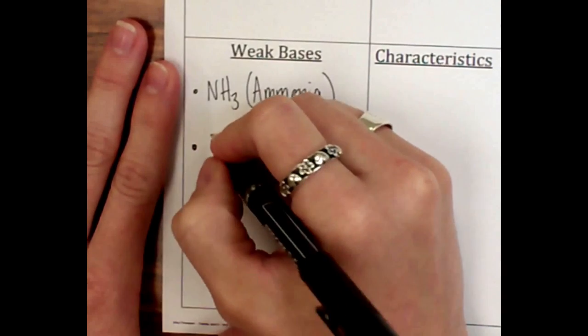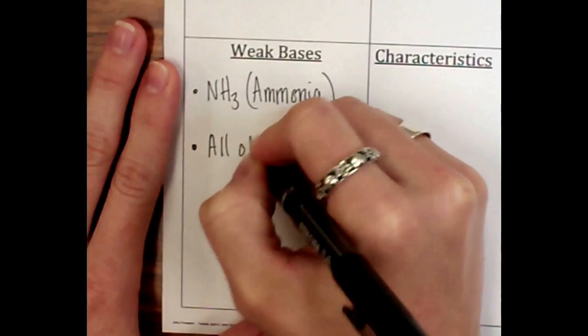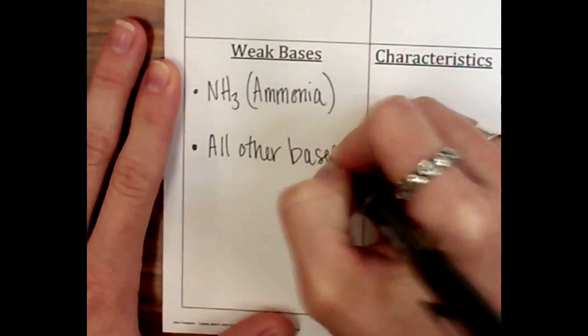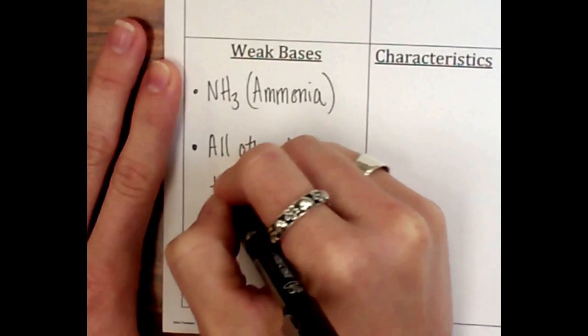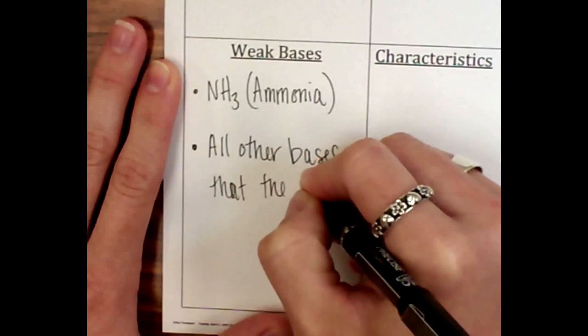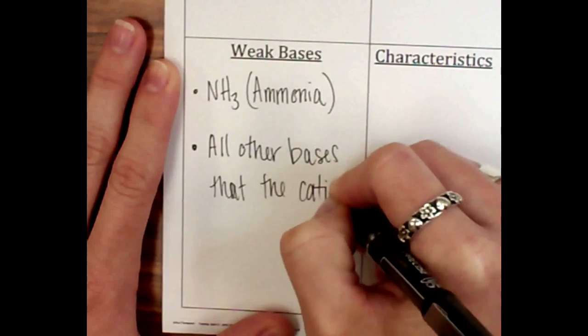So how do you know if it's a weak base? It's going to be all the other bases. Look at the cation. Do you remember what part of the compound the cation is?